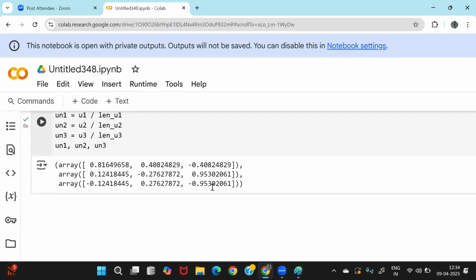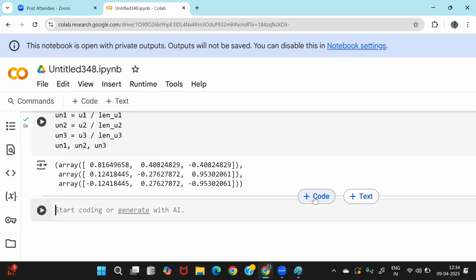Okay. So how do you prove that they are orthonormal? You know that if a vector is an orthonormal vector, the product of that vector with its transpose gives the identity matrix.